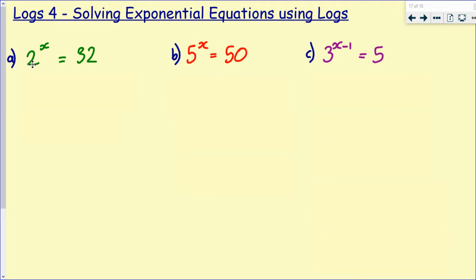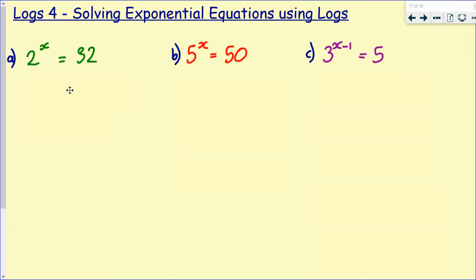First of all, let's just think about what a logarithm means and how we can use it to solve this problem. The logarithm is the power that you have to raise its base to get a particular answer. Well, that's exactly what we've got here. We're trying to find the power that you have to raise some base to get a particular answer.